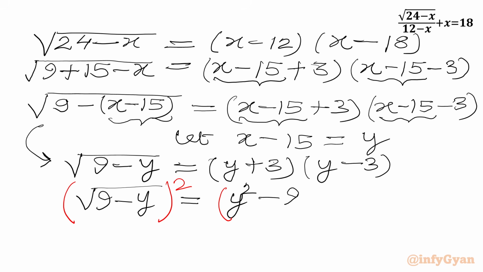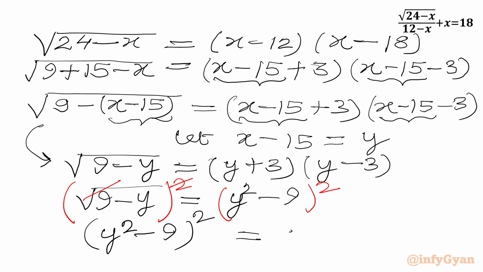So we will write y square minus 9 whole square in RHS and square root square will get over from LHS. So we can write y square minus 9 whole square in left hand side, and we will write 9 minus y in right hand side. Now we will use one algebraic manipulation step.